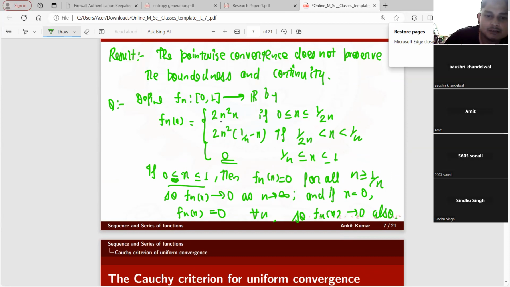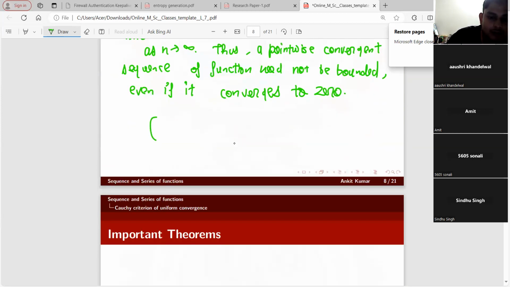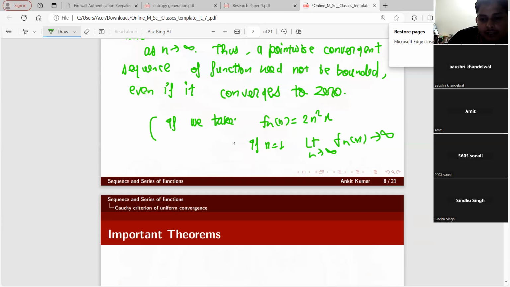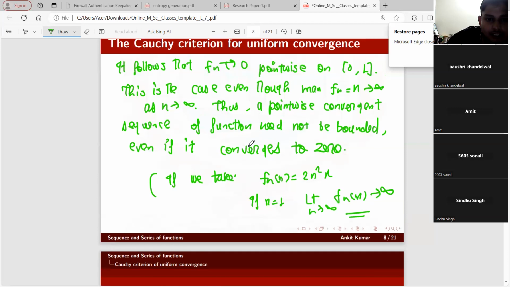So it follows that fn tends to 0 pointwise on [0,1], even though the maximum of fn tends to infinity.